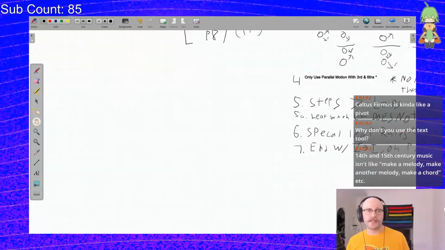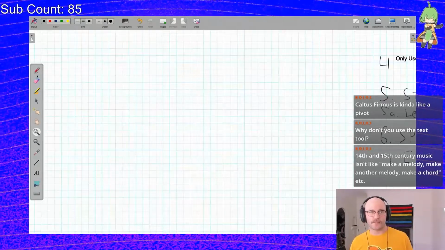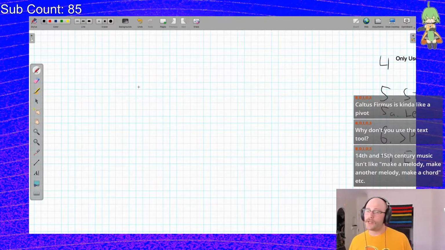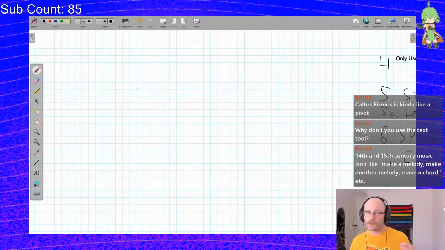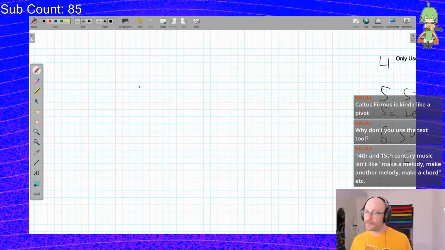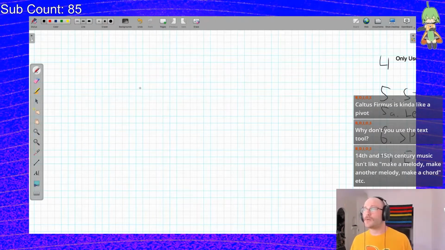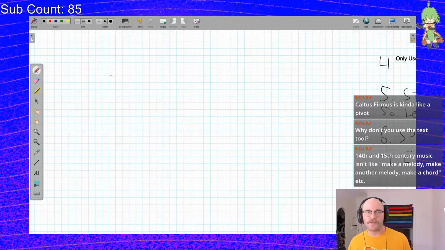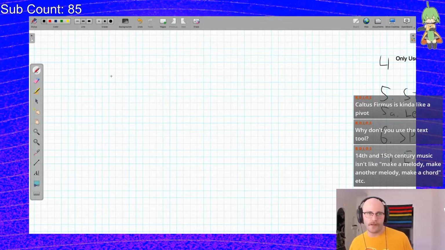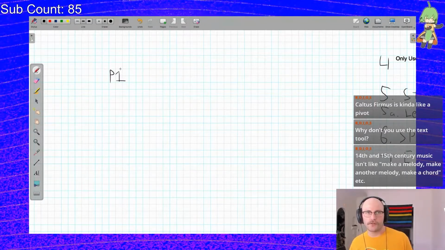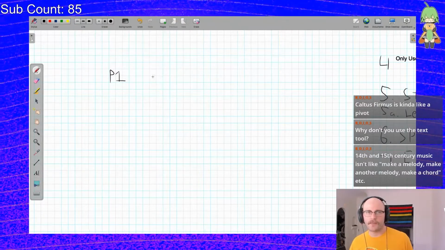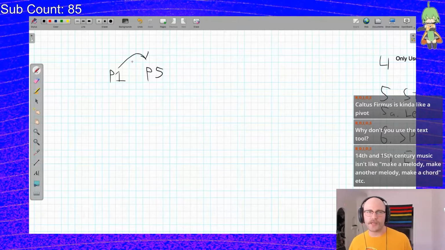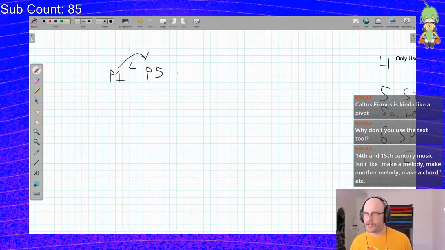In terms of these special rules for leaps, there's 2 parts to it. 1, it's going to be what to do after you leap. And 2, it's going to be where you can leap. Whenever you leap, if you leap, say, from the root up to a perfect 5th, the next move should be a step in the opposite direction.